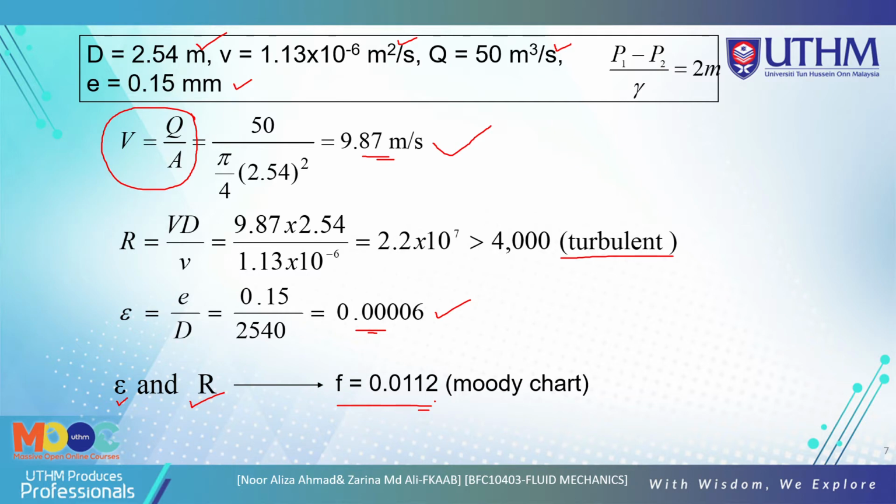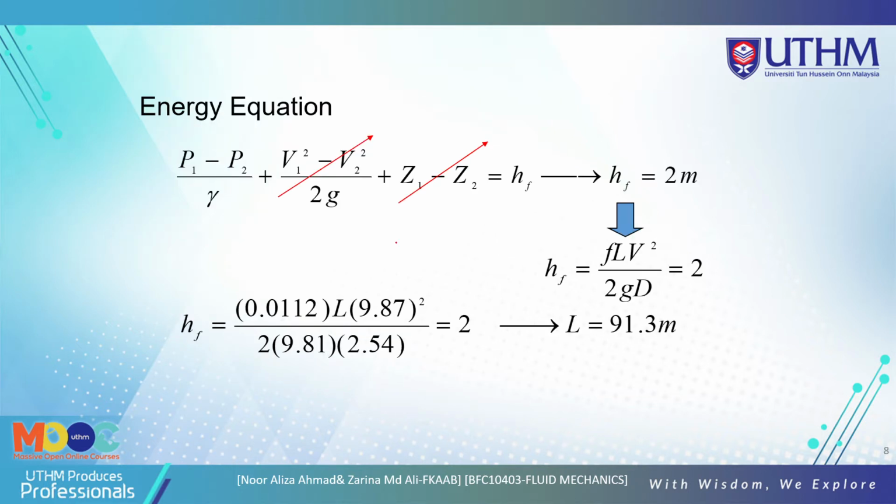You get 0.0112. After you get that, you must use the energy equation: pressure 1 minus pressure 2 divided by the specific weight, plus V1 squared minus V2 squared over 2G, plus Z1 minus Z2, plus HF. The velocity terms are 0, and Z1 and Z2 are also 0 because this is horizontal.